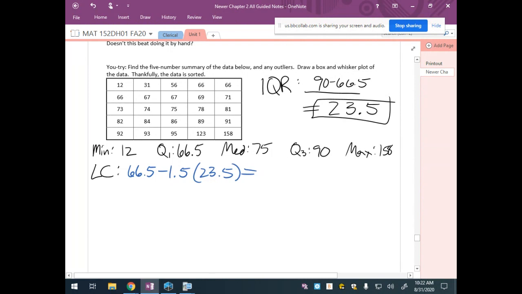So we go to figure out the lower cutoff, and we get 31.25. So do we have any numbers that are below that?